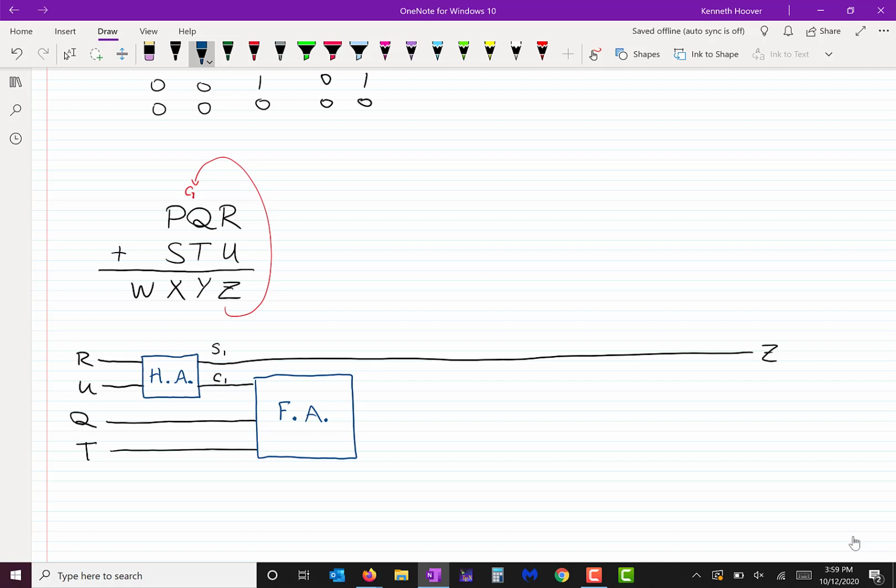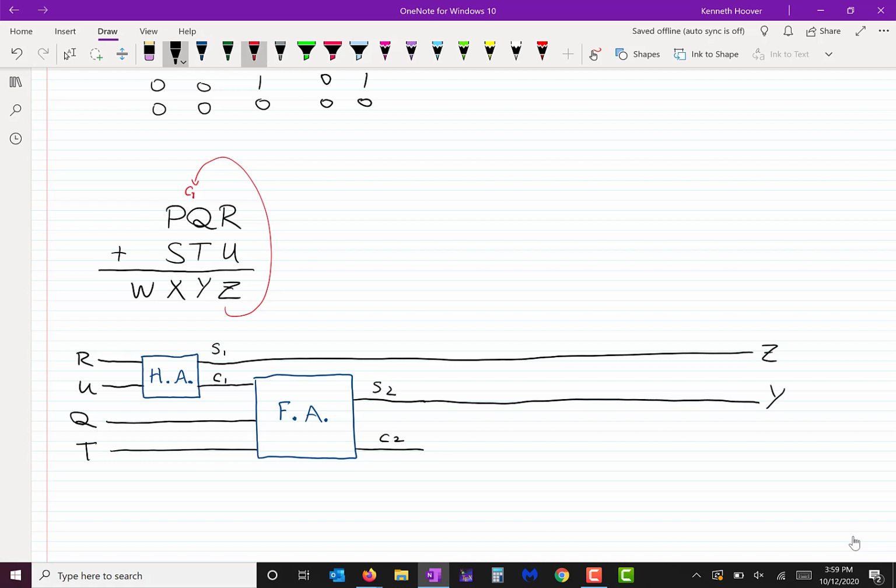And what's going to come out of the full adder? An S number and a C number. Let's call them S2 and C2. And that S2 number is going to end up being part of our answer.